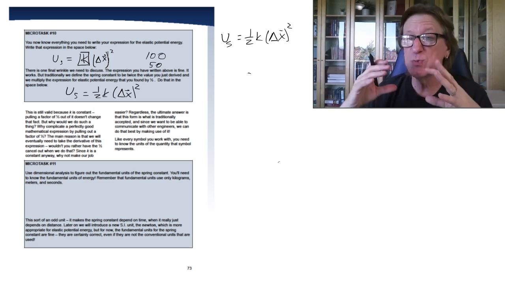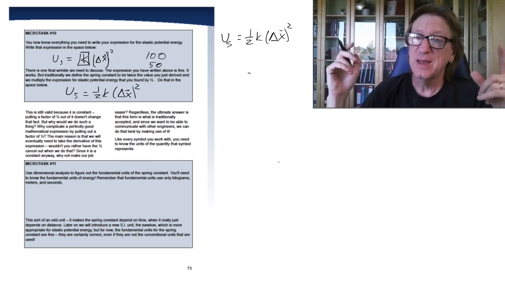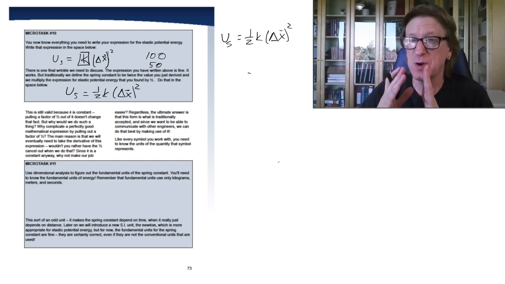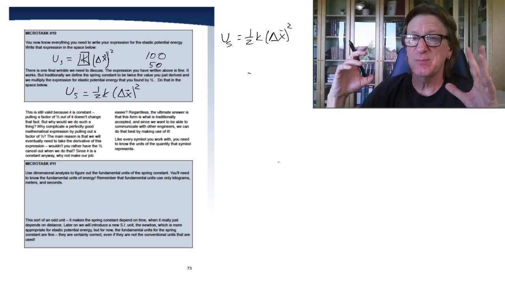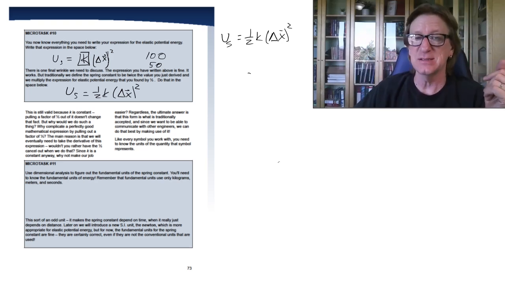Now my spring is not compressed, it's stretched, so my delta x is positive. Take a look though, when I square that, I'm going to get exactly the same number that I would have gotten if I had my spring compressed. So stretching it the same distance stores just as much energy as compressing it that distance. And that's something that that equation is telling us right now.